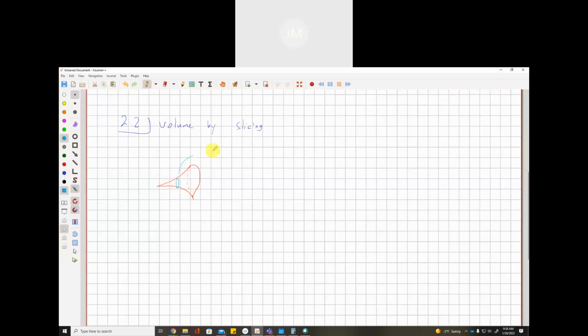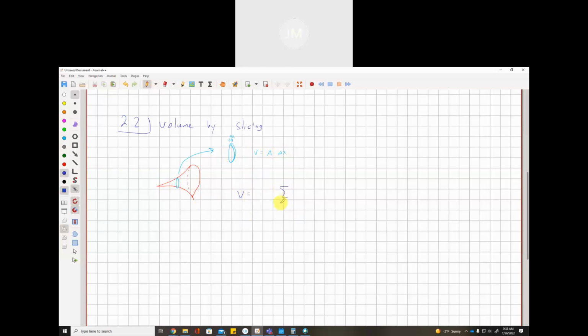If I pull that slice out, it's some piece that has a tiny little bit of thickness to it, delta x. If the piece is small enough, I can approximate it. Instead of following the curve, I can just use a straight line, and so I get a nice cylinder instead of a curvy shape. So the volume is just going to be the area of the front times that delta x.